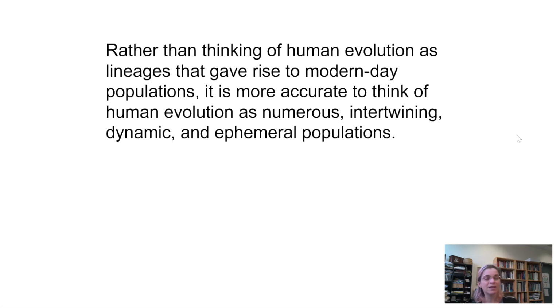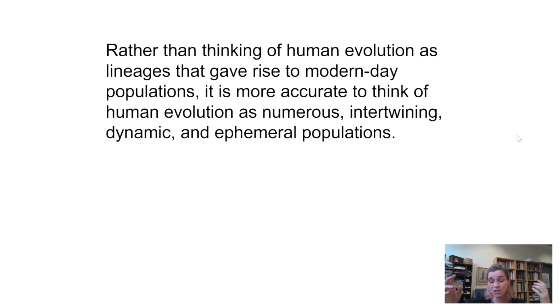So rather than thinking of human evolution as lineages that gave rise to modern-day populations, it's more accurate to think of human evolution as numerous, intertwining, dynamic, and ephemeral populations. Remember, you've got climate changing. The ice sheets are changing, and they're changing the way the landscape can be used.